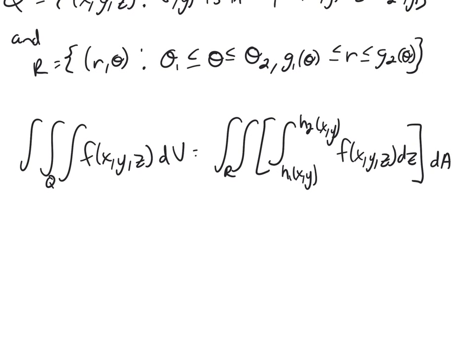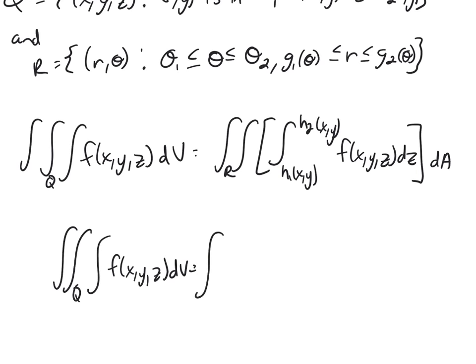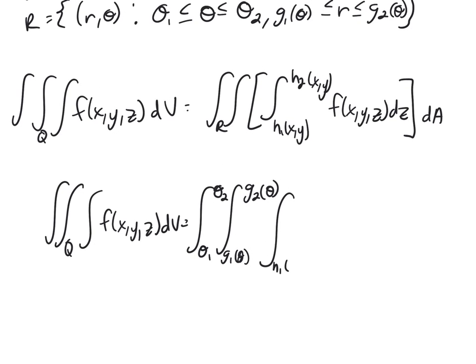Or if we want, we can think in terms of cylindrical coordinates, this triple integral. It's the integral where theta goes from theta 1 to theta 2, r goes between g1 of theta and g2 of theta, and then instead of having x and y, you replace x by r cosine theta and y by r sine theta.